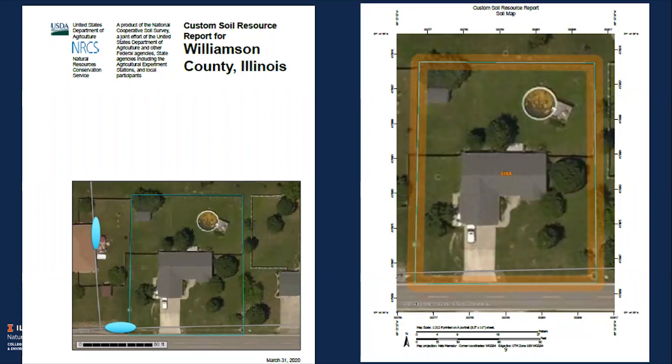Just as an example, here's a site in Marion, Illinois, where I drew an area of interest around our yard, and it shows that there's actually only one soil type. This number, 376A, is the soil type for the entirety of the yard. If there were different soil types, there would be lines demarcating the shift in the different soil type.